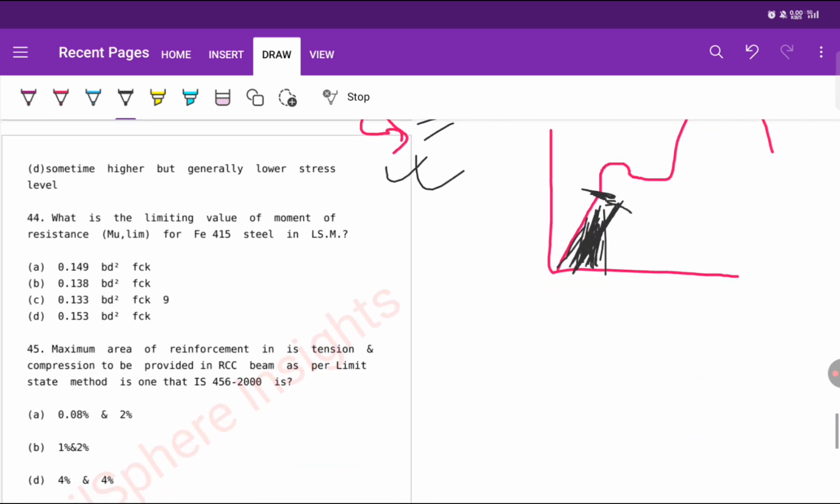Coming to the next question: what is the limiting value of moment of resistance, Mu limiting, for Fe415 steel in LSM?